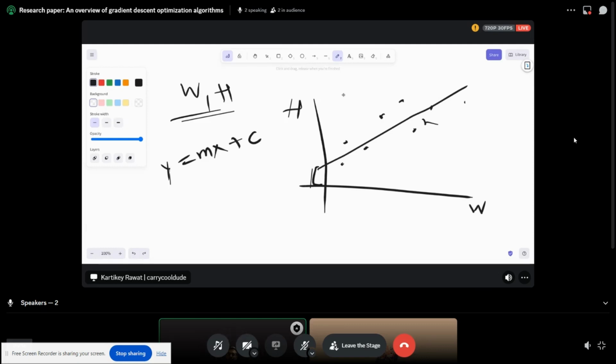Obviously we know how to calculate a slope. When we say slope, think of it this way: suppose we are on the top of a hill and going down to the lowest part, the ground level.